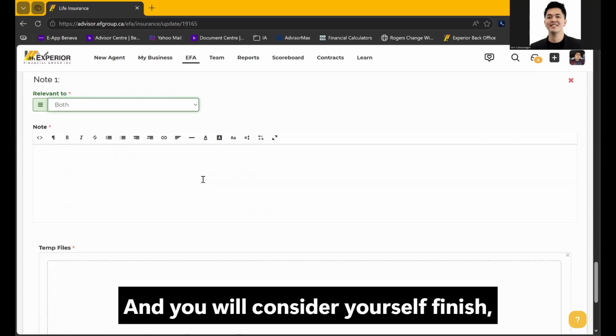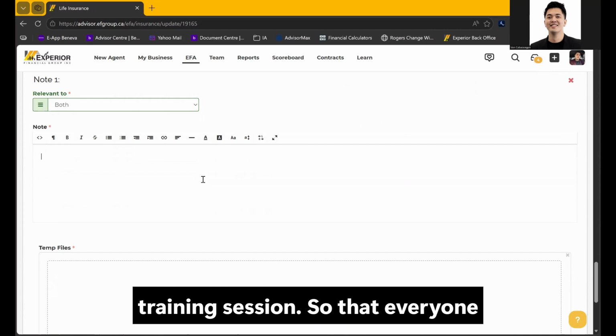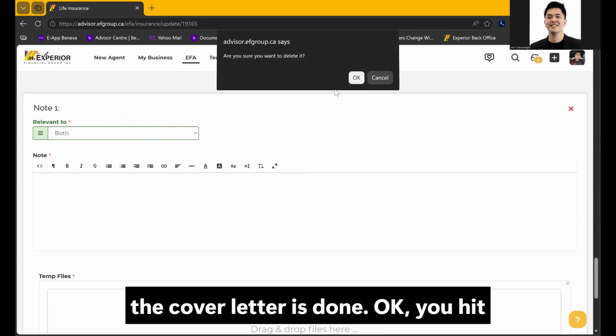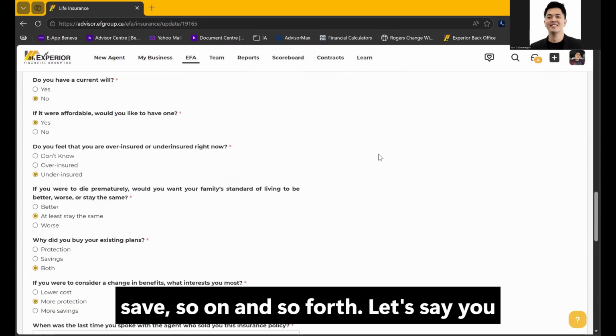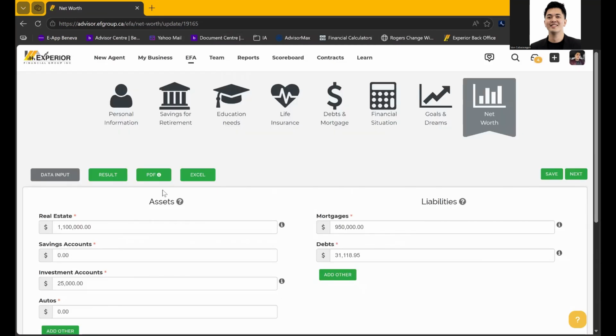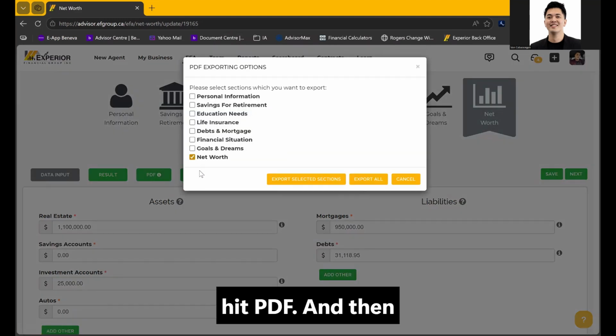And you will consider yourself finished, which again, I will have a separate training session so that everyone can do it properly. So let's assume that the cover letter is done. Okay, you hit save, so on and so forth. Let's say you move to network and you're done. In order to export the PDF, you need to hit PDF and then you do export all.